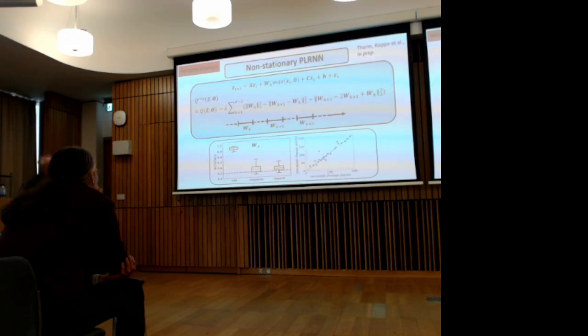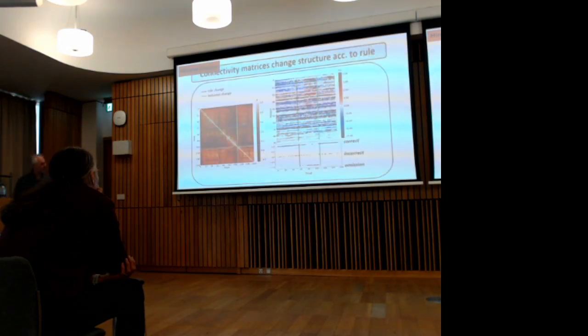So if you just simulate the system and you look for change points in the simulated activity, these agree quite well again with those that we determined from the real recordings of the animals. And it turns out that changes in the W matrix are quite well aligned with changes in the behavior of the animal. Yeah, so you see that the structure here, for instance, changes sometime after the rule change.